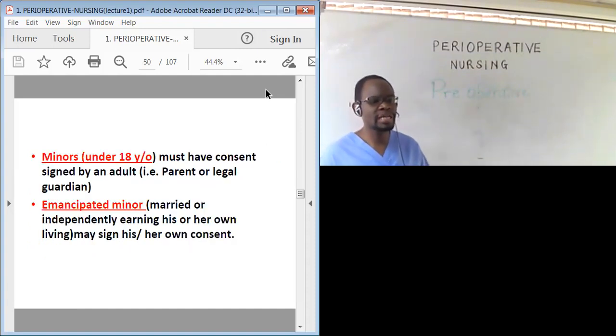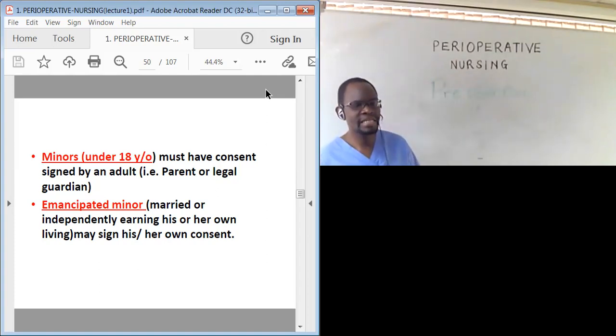Minors, of course, must have consent signed by an adult, a parent or a legal guardian. And emancipated minors, married or independent, with their own earnings, may sign their own consent. We saw this.